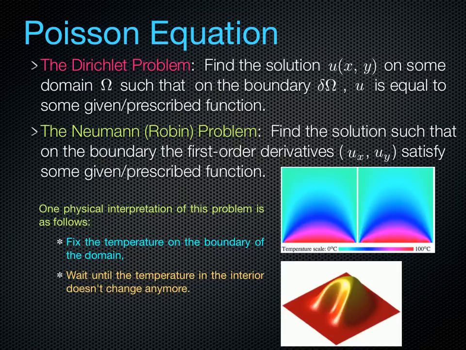That temperature distribution at the steady-state limit is what is described by the Poisson equation. The Poisson equation does not depend on time. It doesn't have any time variations in there. It actually describes field variables such as temperature or fluid pressure in a porous medium at the steady state.